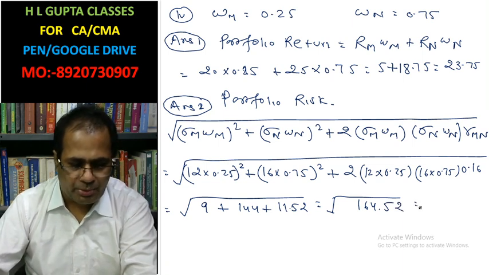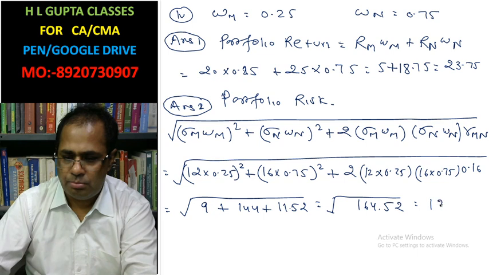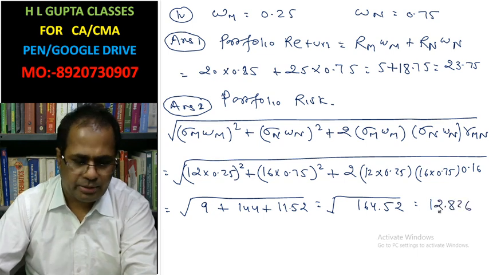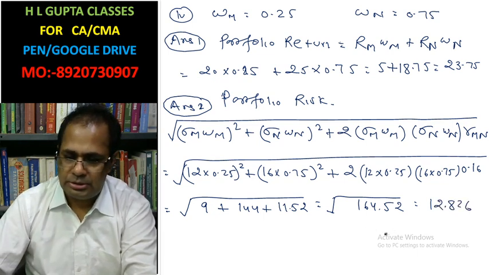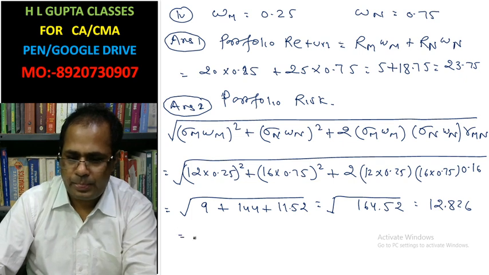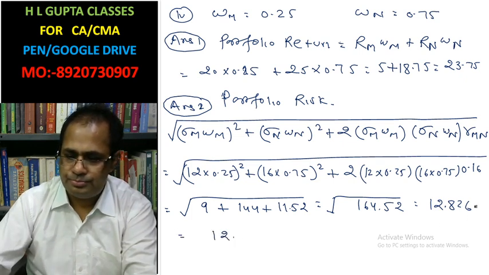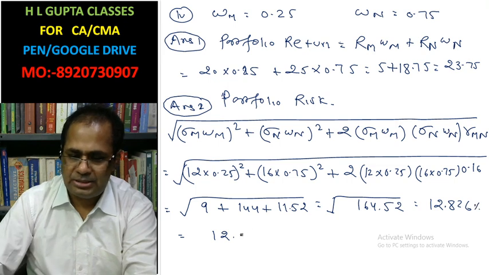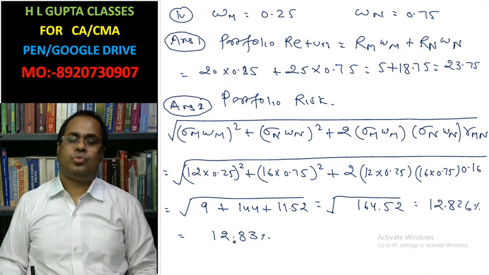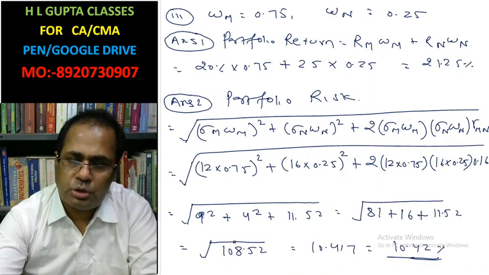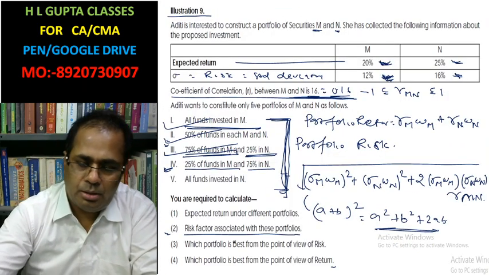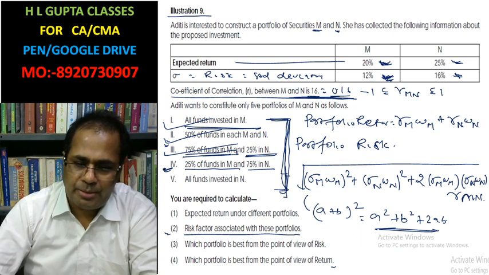Answer is 12.826. This is 12.83%. Okay. Up to the fourth weight we have completed.